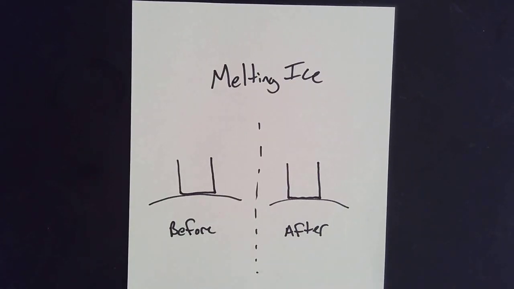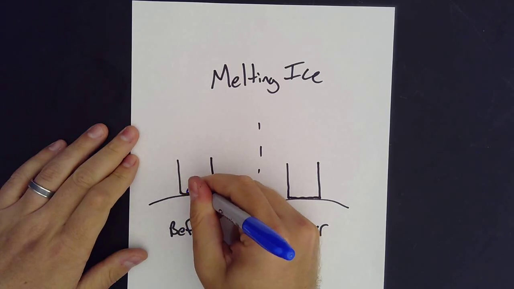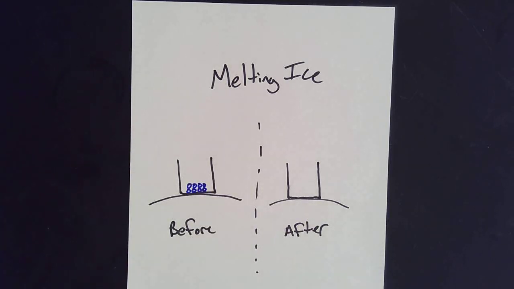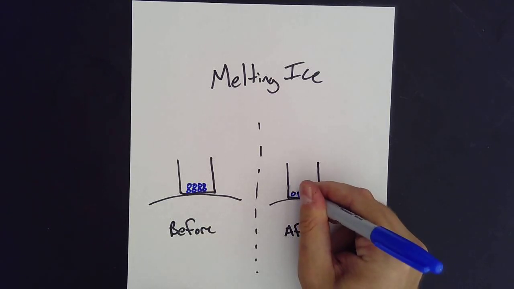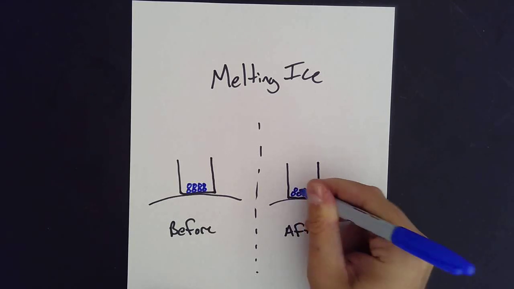So with the melting ice, here's our scale on the bottom, and we had our beakers on the scales, and we plopped down an ice cube. So let's draw an ice cube. We got 1, 2, 3, 4, 5, 6, 7, 8. Now, what happened when we had it on the little hot plate? If you were very careful and you didn't get any of it to steam or boil, and we just got it to gently melt, all that happened was that they spread out. 3, 4, 5, 6, 7, and 8.